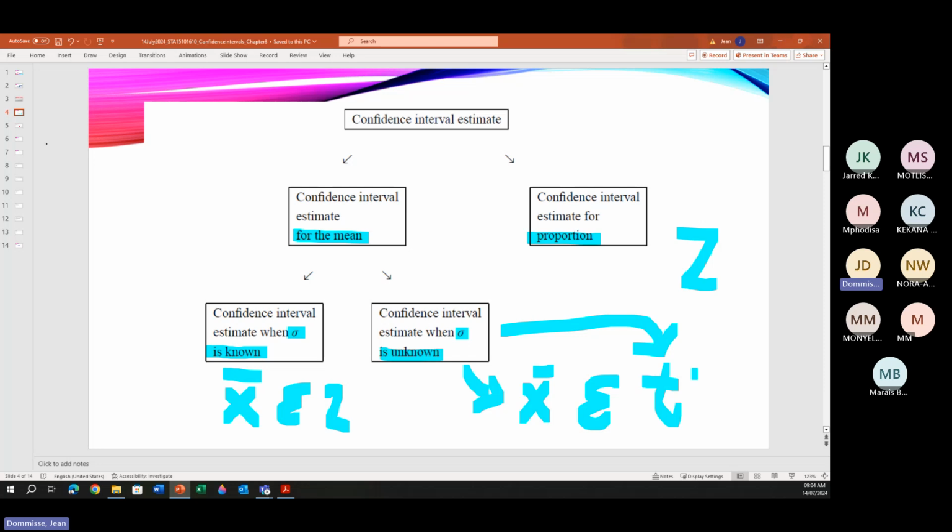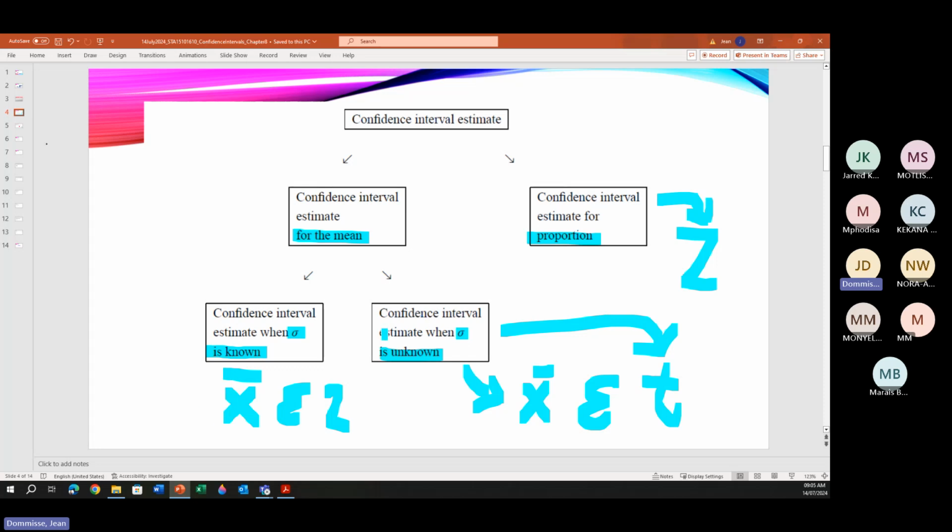And again, the T distribution, you have the tables. I'll show you on the tables how we use it. And with a proportion, it is exactly the same as it would have been with a mean. We go to a Z table and then we work out what is needed.